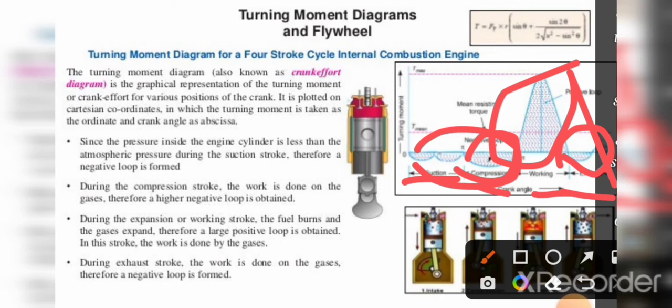This is the turning moment diagram for a 4-stroke IC engine. First a negative loop during the suction stroke, then a big negative loop during the compression stroke, then during the working or expansion stroke we obtain a positive loop. At last, during exhaust, as work is done on gases, we obtain a negative loop.